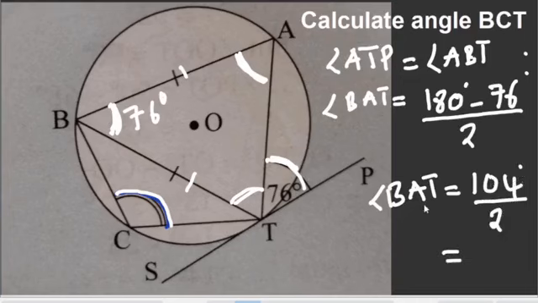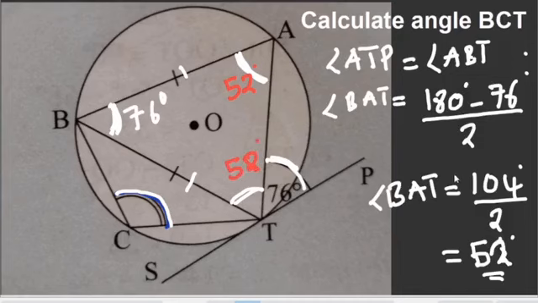So angle BAT will be equal to 52 degrees. So this tells us that the angle which is right here is 52 degrees. Here we have 52 degrees, even right here we are going to have 52 degrees.